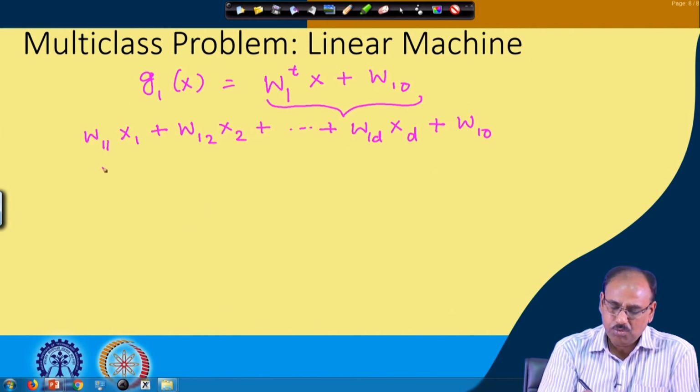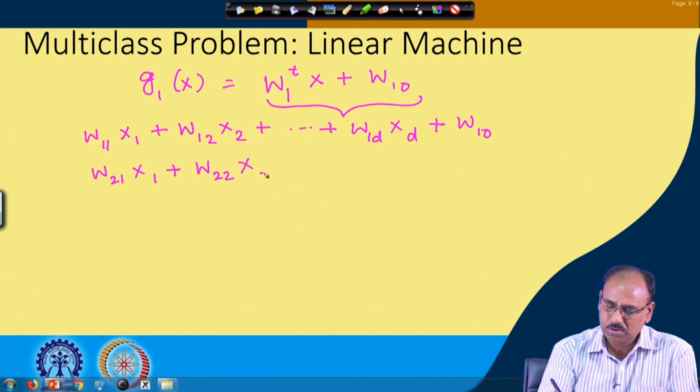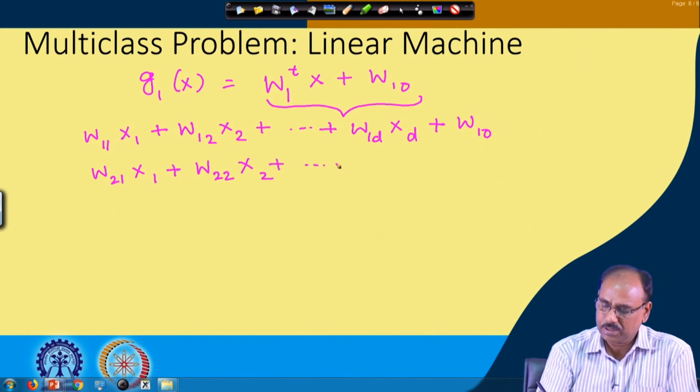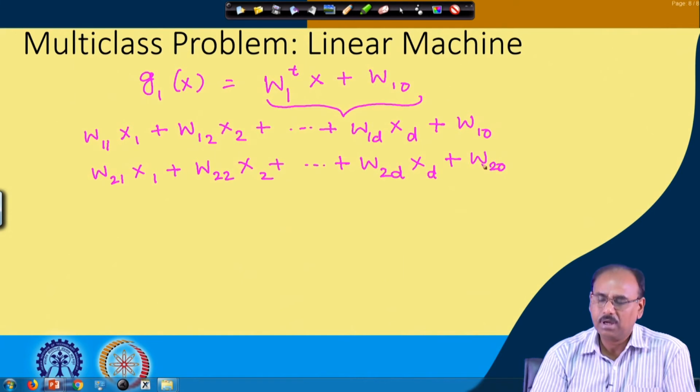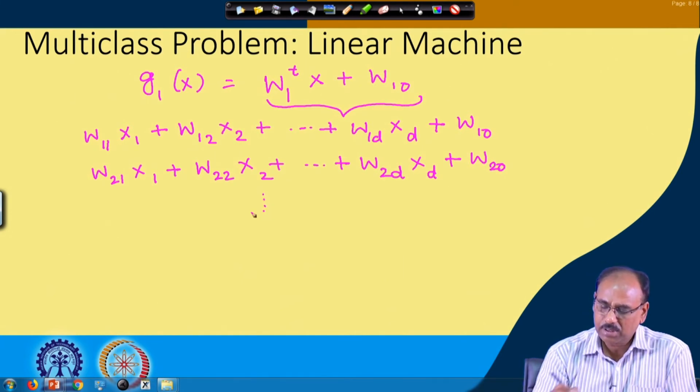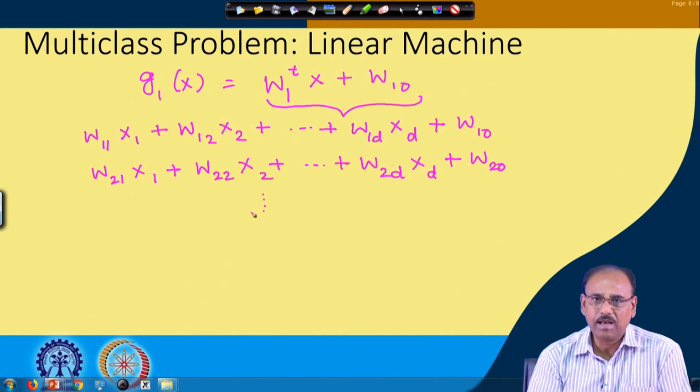Similarly, g 2 x becomes w 2 1 x 1 plus w 2 2 x 2 plus, continue like this, w 2 d x d plus w 2 naught, which is the bias for category 2. And as I have got k number of classes, I will have k number of discriminant functions.